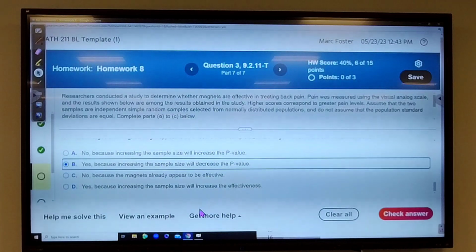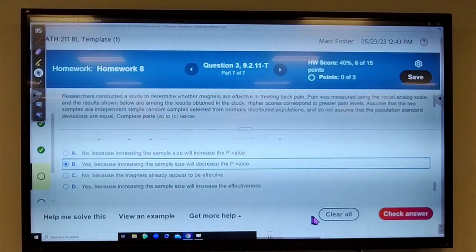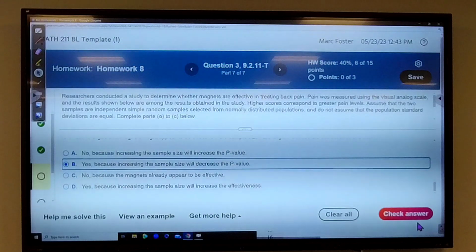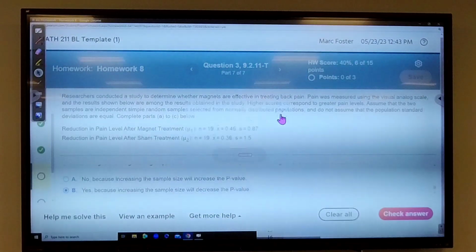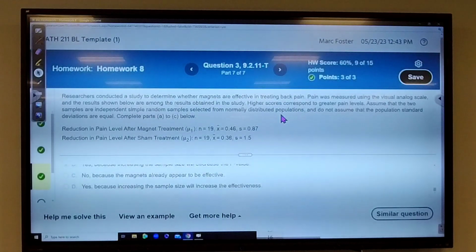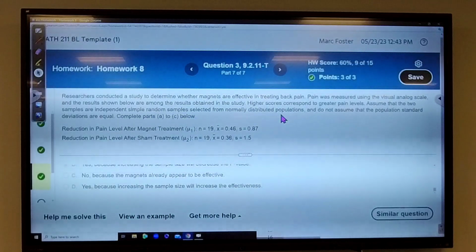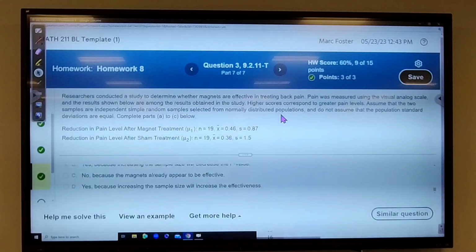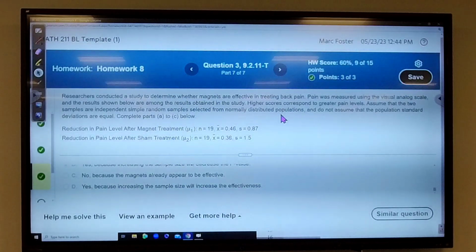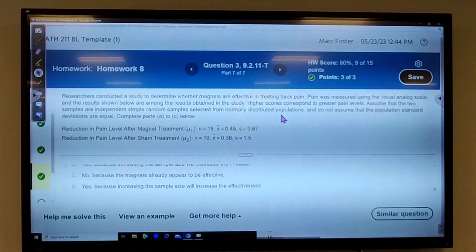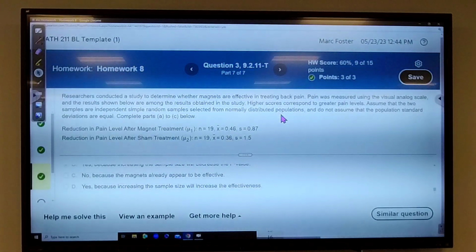Of course, it won't stay the same because the standard deviation will actually start to decrease as well, because you'll end up having more and more observations where the magnets were not effective. Standard deviation will tend to 0 as n increases.